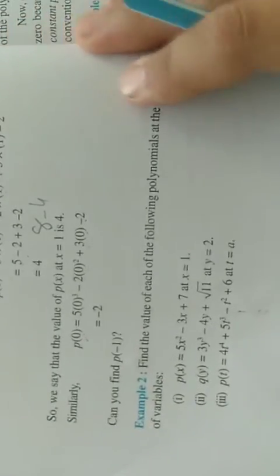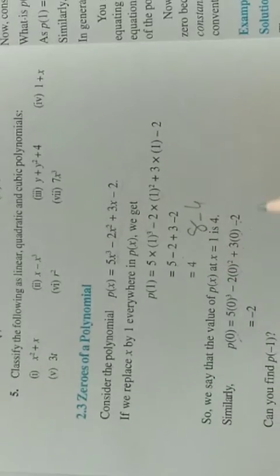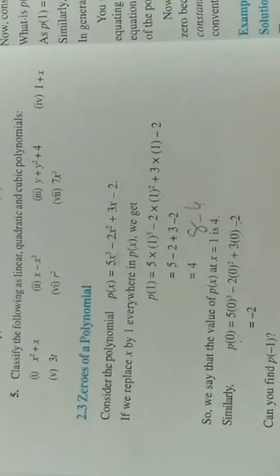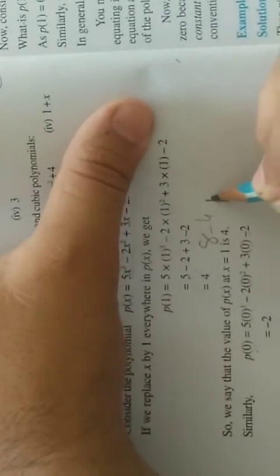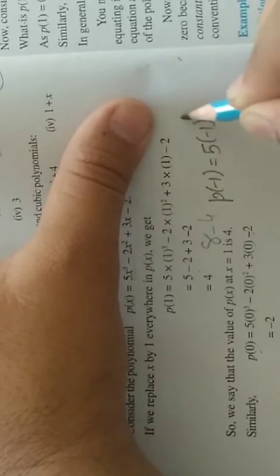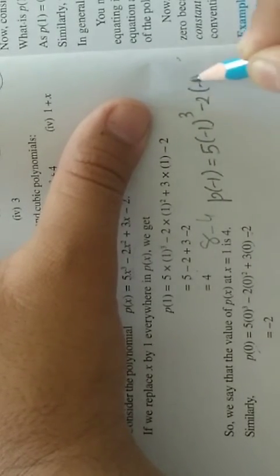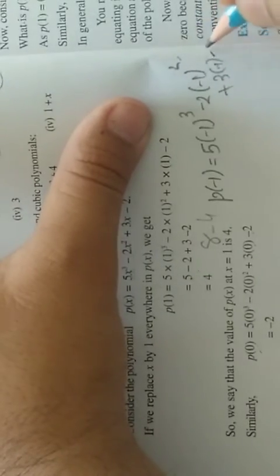Okay, now can you find for minus 1? So let me find for minus 1. Here it is given, can you find for p of minus 1? So p of minus 1, let me find out, is equal to 5 times minus 1 cube minus 2 times minus 1 square plus 3 times minus 1 minus 2.